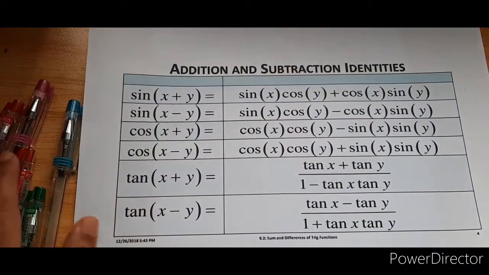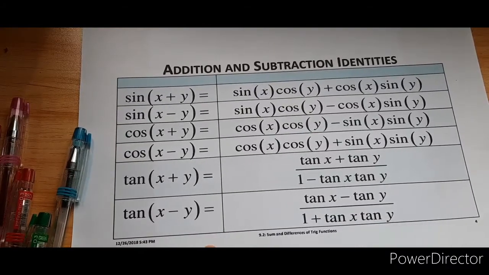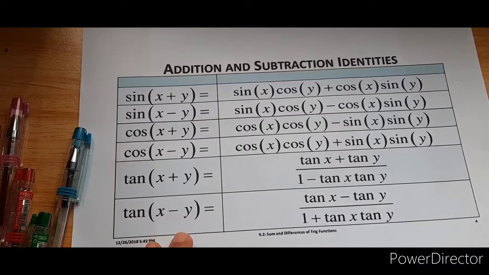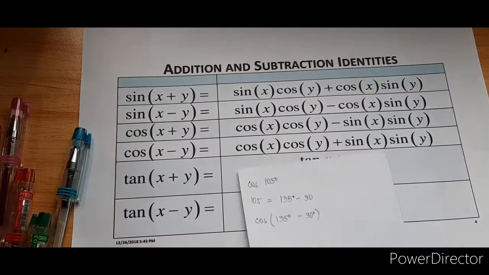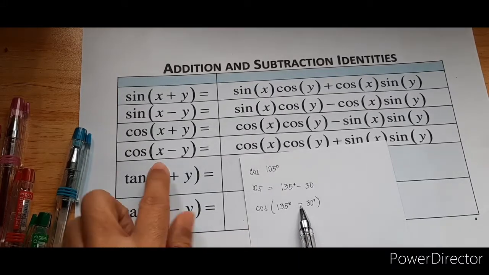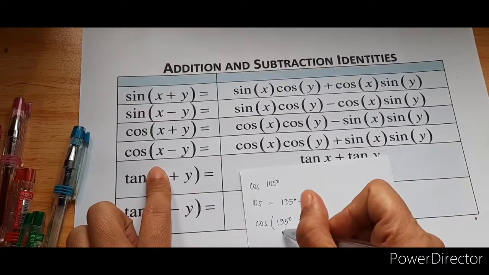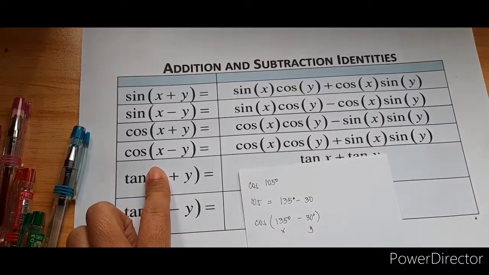So, here are the formulas of the addition and subtraction identities of trigonometric functions. Hanapin natin kung saan yung kapareha ng cosine 135 minus 30. This is minus, so ayun siya: cosine x minus y. This time, this is our x and this is our y.